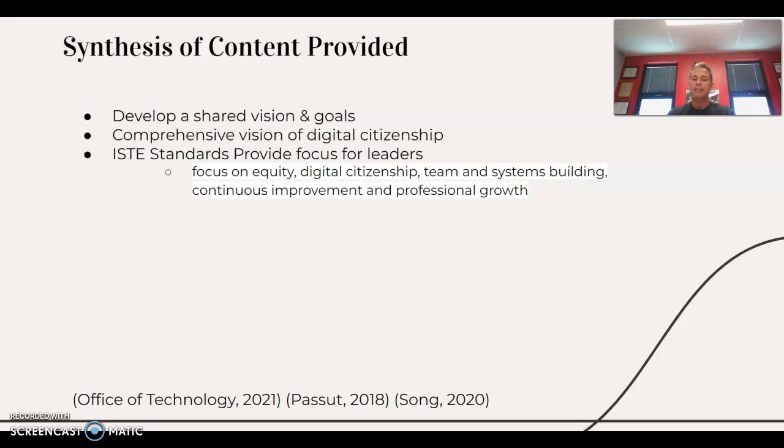Looking at empowering leaders, leaders are creating a culture where teachers and learners are empowered to use technology in innovative ways. And then system designer, leaders build teams and systems to implement, sustain, and continually improve the use of technology. And then as a connected learner, just modeling and promoting continuous professional development.